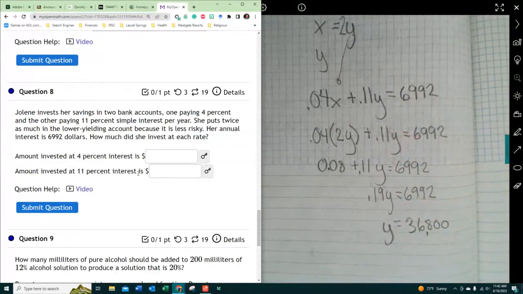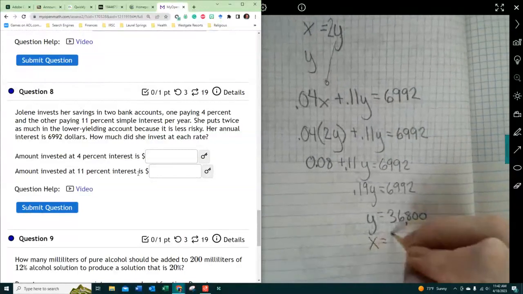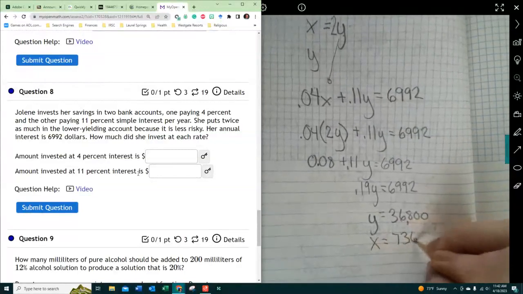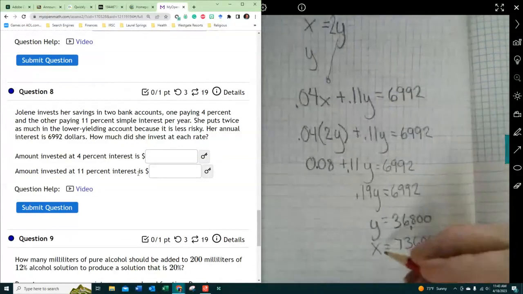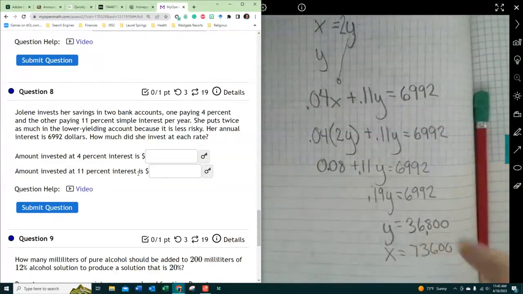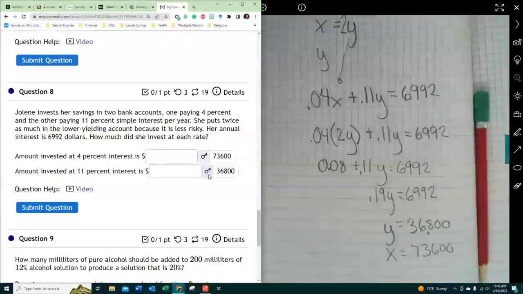So hit times 2, and we have X equals this. And so our X is our 4%, our Y is our 11%, and we have our answers.